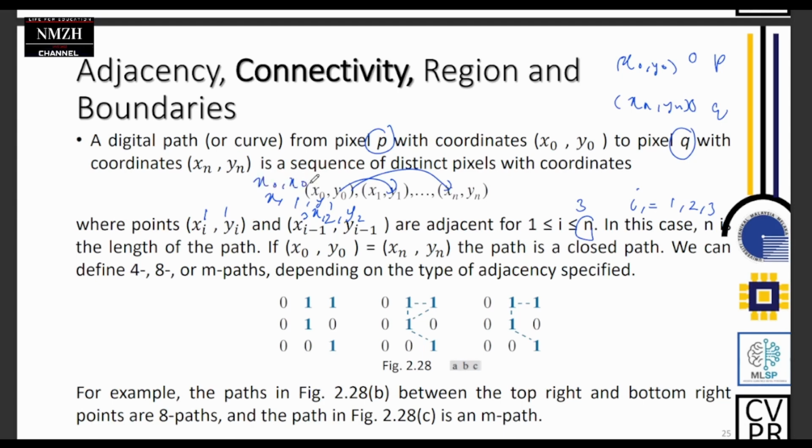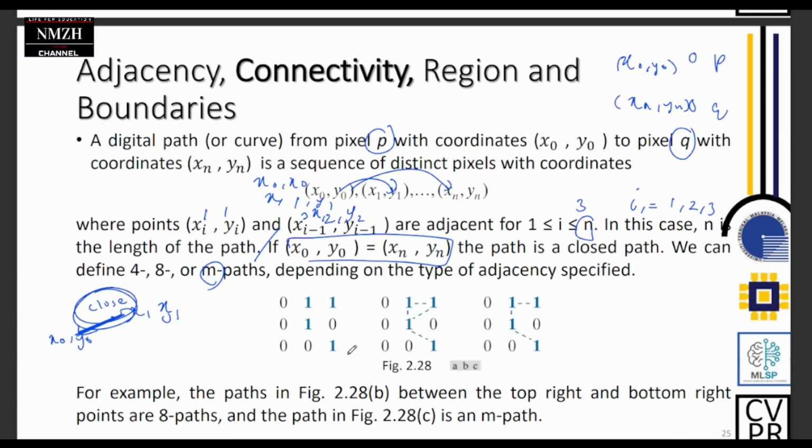So that would be the idea of adjacency. If x0 and xn are the same, the path is closed, meaning the interconnection is called a closed one, right? Now we can define the 4, 8, and M path depending on the type of adjacency specified.